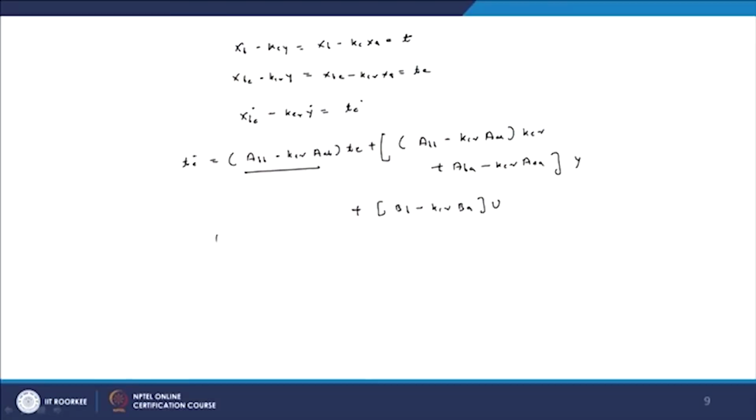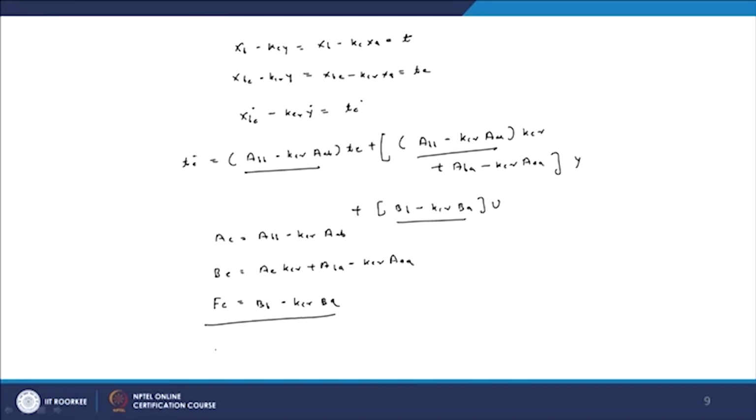Therefore, this portion we can write as AE equal to ABB minus KER into AB, and BE can be written as this portion, AE into KER plus ABA minus KER into A suffix A, and FE can be written as this portion, BB minus KER into BA.